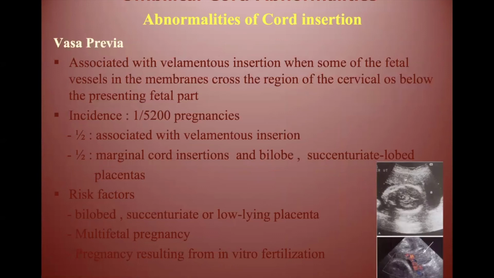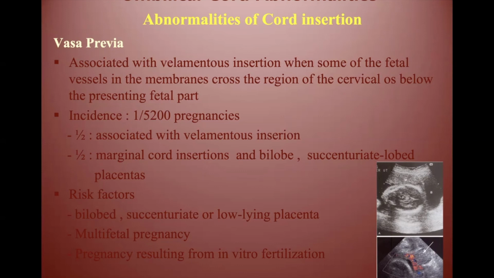Another umbilical cord anomaly of insertion is vasa previa. This is a particularly dangerous variation of filamentous insertion in which the vessels within the membranes overlie the cervical os. The vessels can be interposed between the cervix and the presenting fetal part.